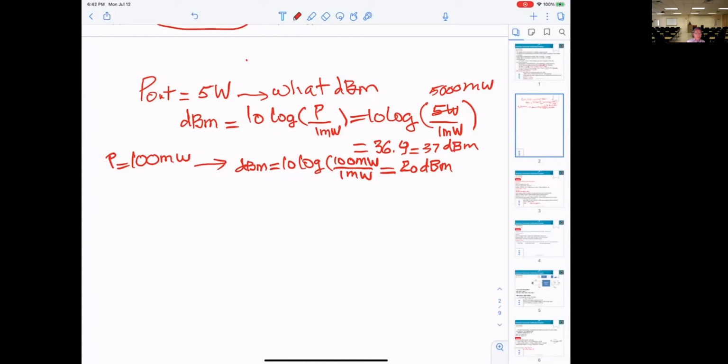So basically, if you get the power in watt, milliwatt, kilowatt, if they want it equivalent in the dBm, then you know how to do the calculation. So any question on this part here?